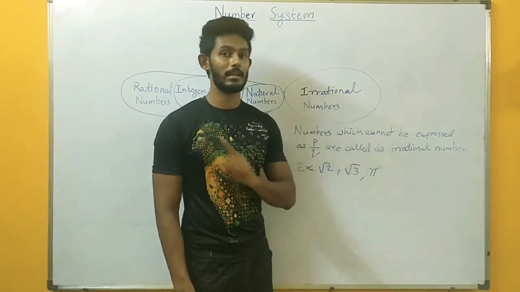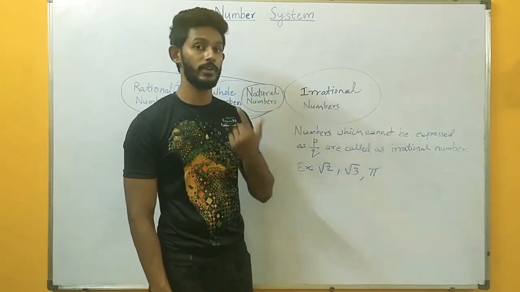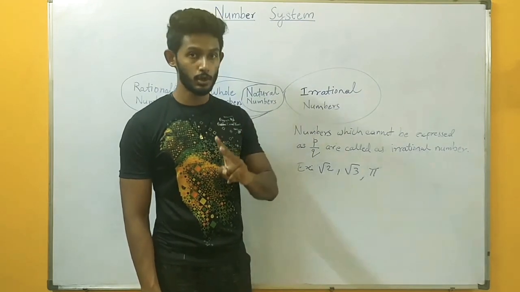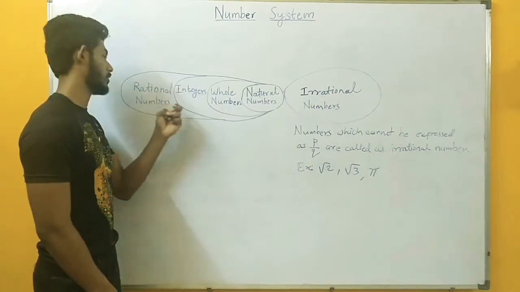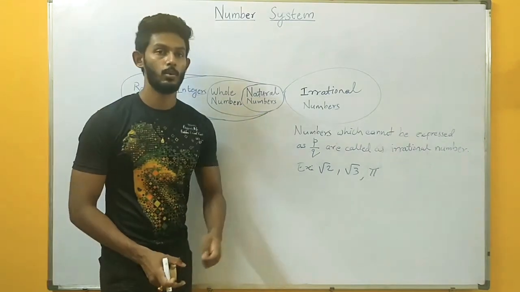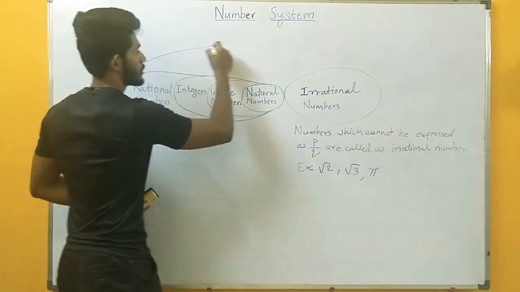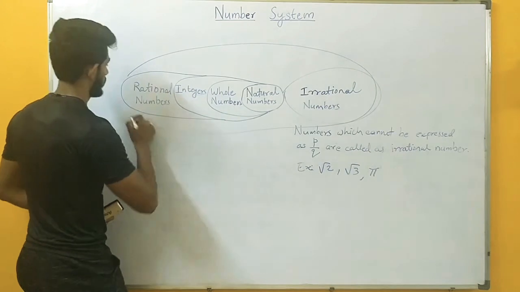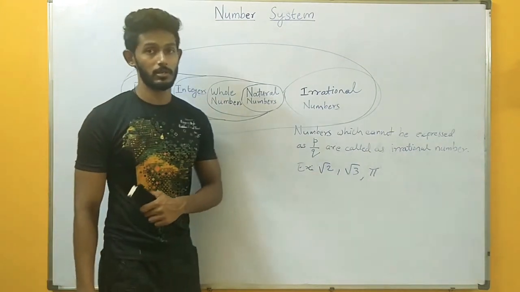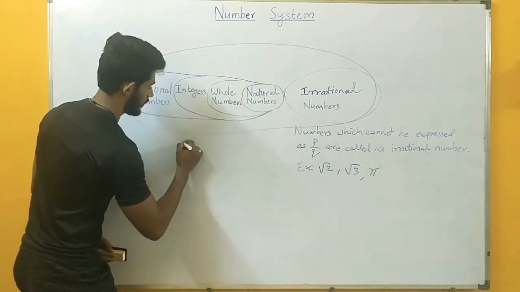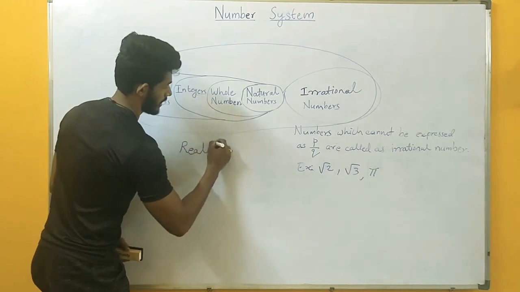All the root numbers are not irrational because we can express root 4 as 2, which is basically an integer or rational number. Now if we combine all these numbers together, we will get a new number system, that is the set of real numbers.